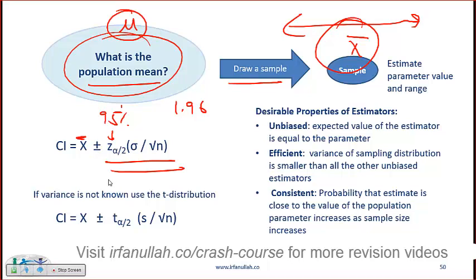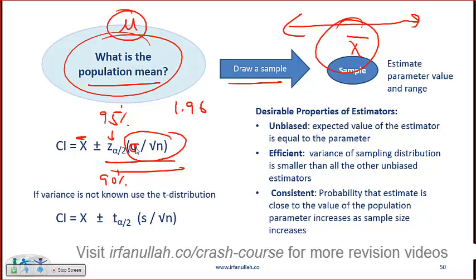If you want to speak with 90% confidence, then the z value will be less. At 99% confidence, the z value will be more than this. And then the second term is the standard error that we just talked about, which is the standard deviation of the population divided by the square root of n, where n is the sample size.